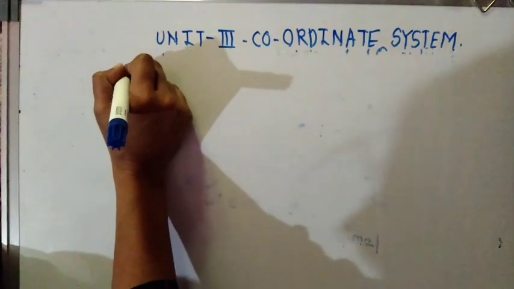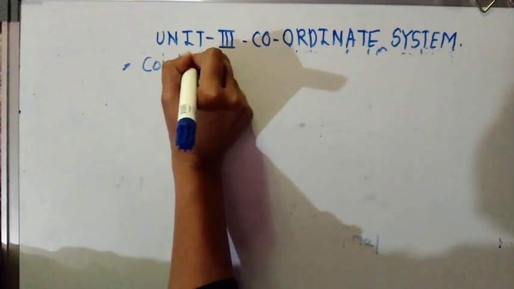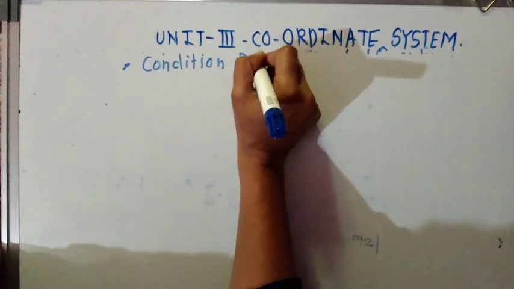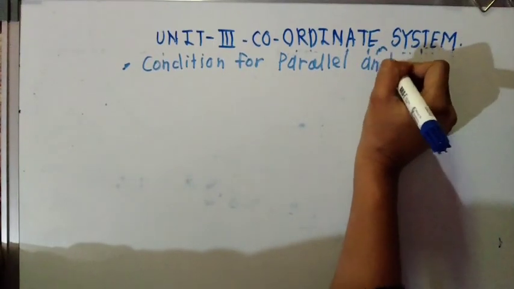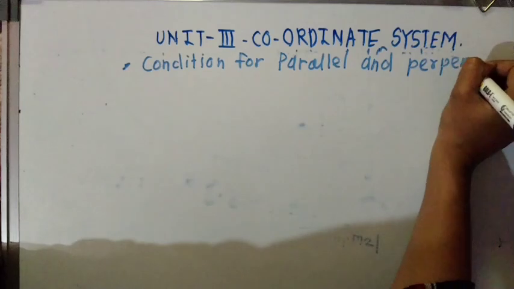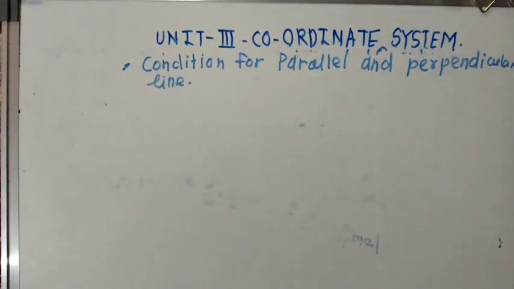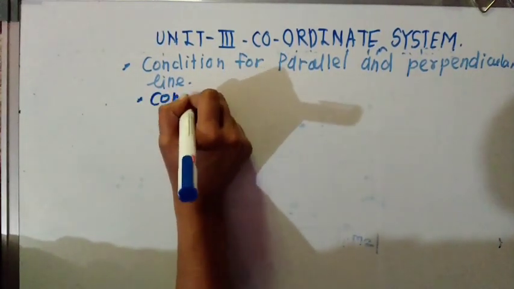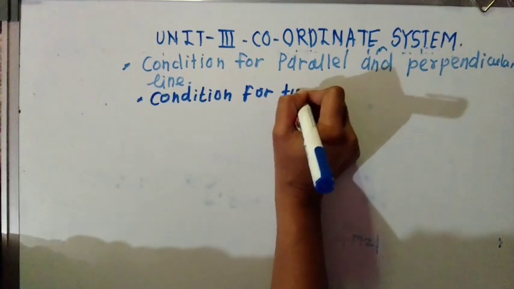Then we give the next point, the condition for parallel and perpendicular lines. Here the first condition is the condition for parallel lines.